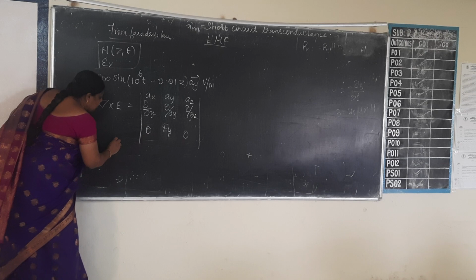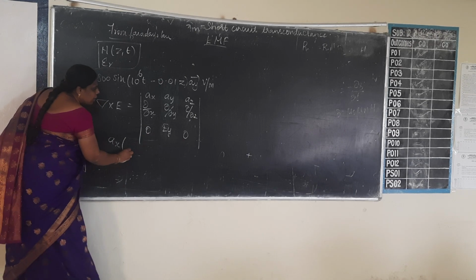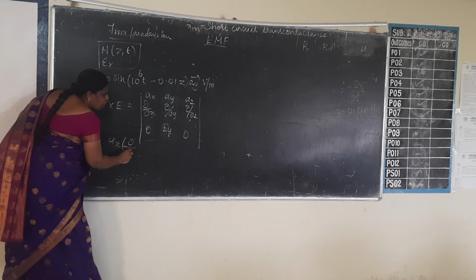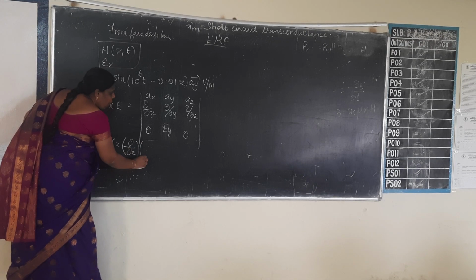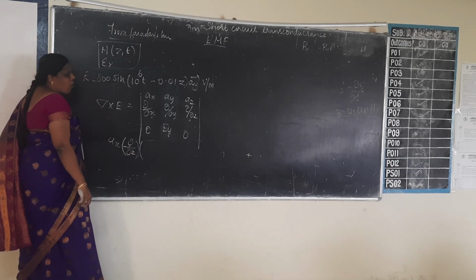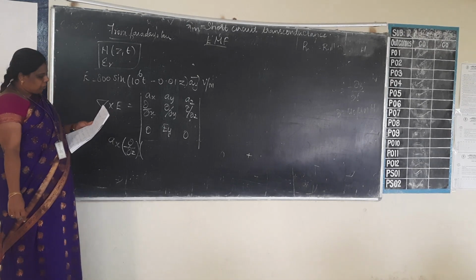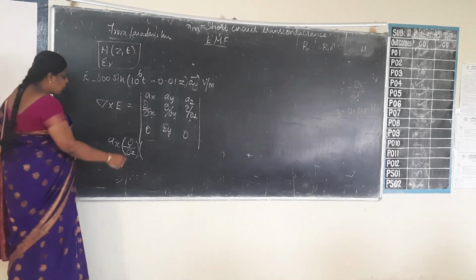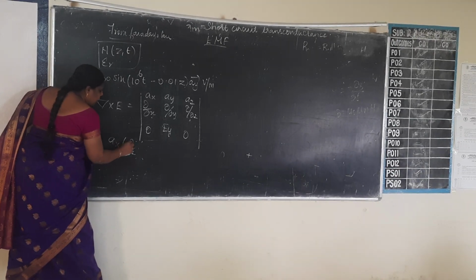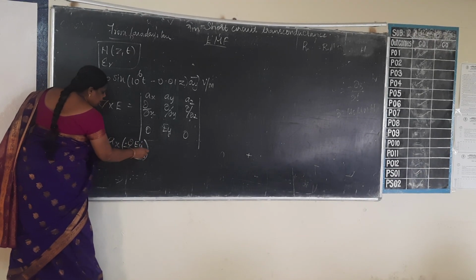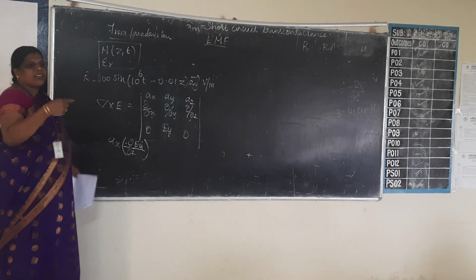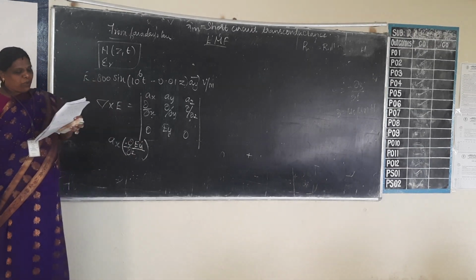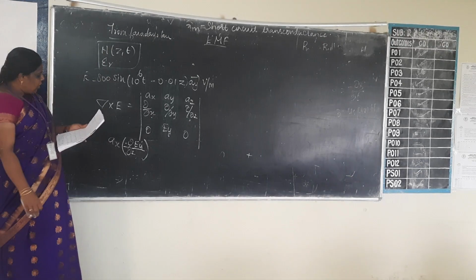So I write it as Ax into dou by dou z, or minus dou Ey by dou z.